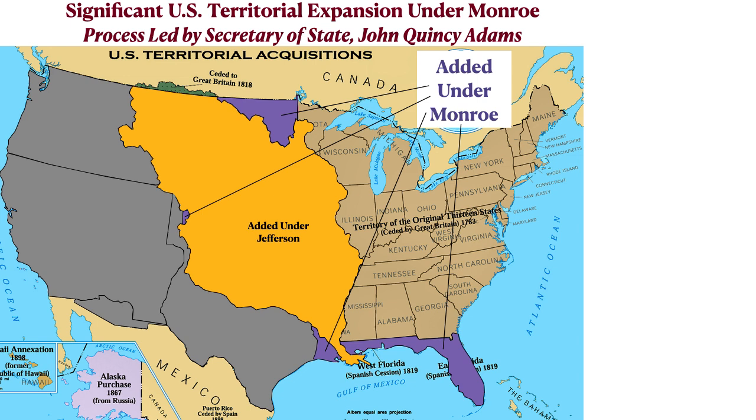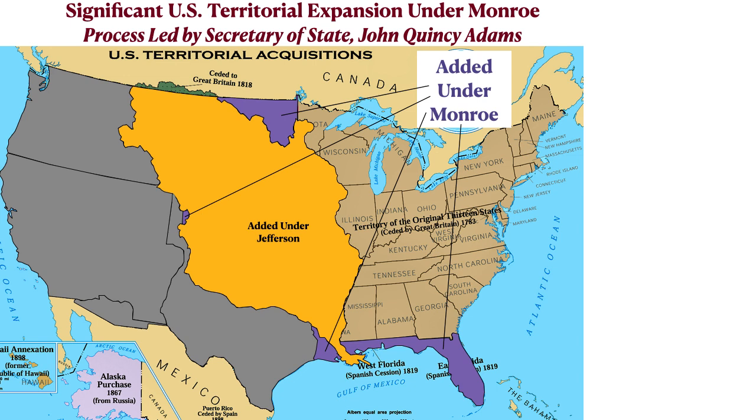It was a process led not by the president, but by the Secretary of State, John Quincy Adams, who had left the Federalist Party of his father, John Adams, back in 1807, because the Federalist Party wasn't expansive and nationalistic enough for him, and joined the Democratic Republican Party.